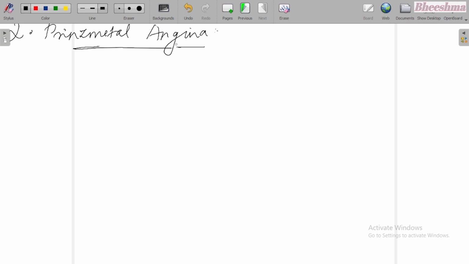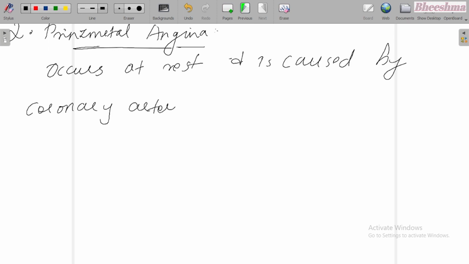In Prinzmetal angina, the pain occurs only at rest and is caused by coronary artery spasm. This coronary vasospasm is very, very important.